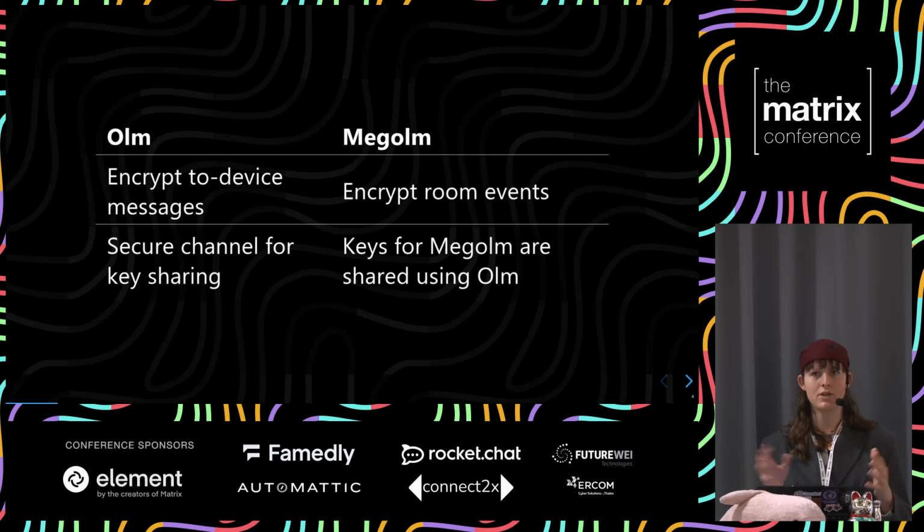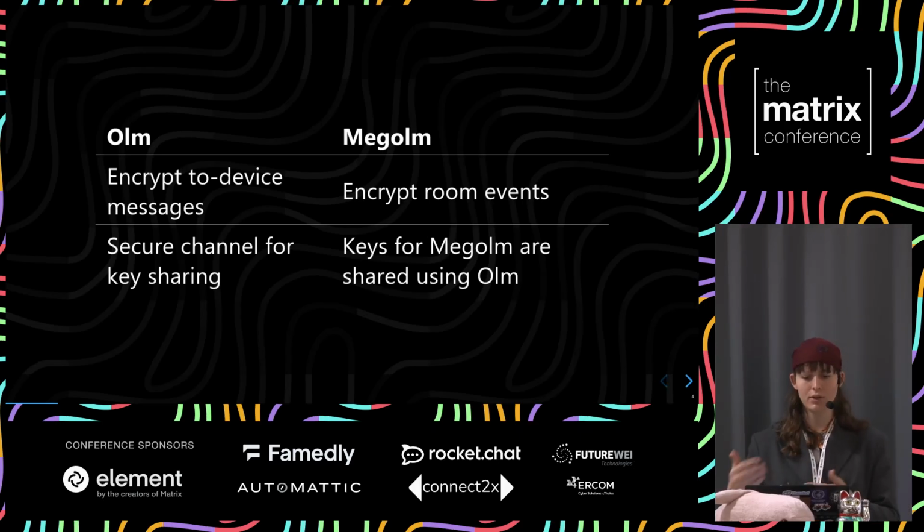Olm is basically the secure channel we have for key sharing, whereas Megolm uses the keys shared via Olm in order to actually encrypt and decrypt events in a room.